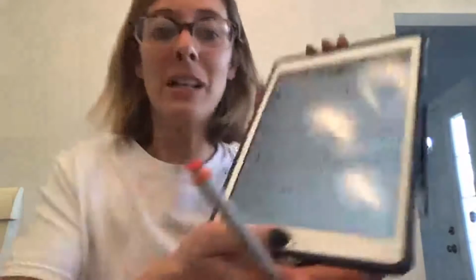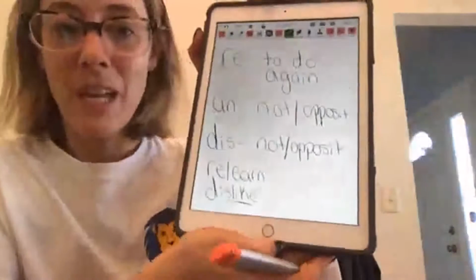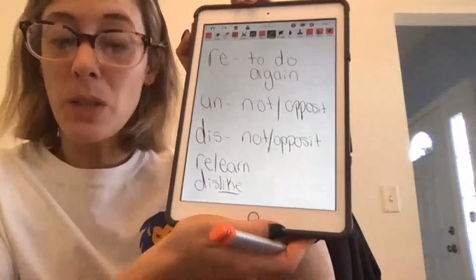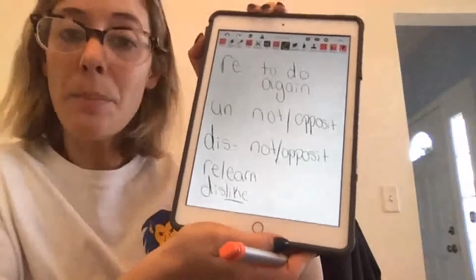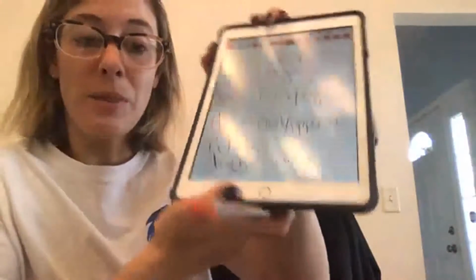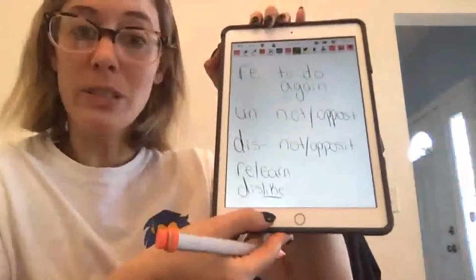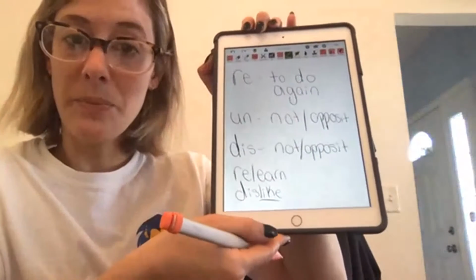Maybe another word is dislike. Maybe you dislike learning about prefixes. So the root word, the base word, is like, and dis is the prefix. What does it mean? It means not or the opposite of. So it's something that you don't like, right?